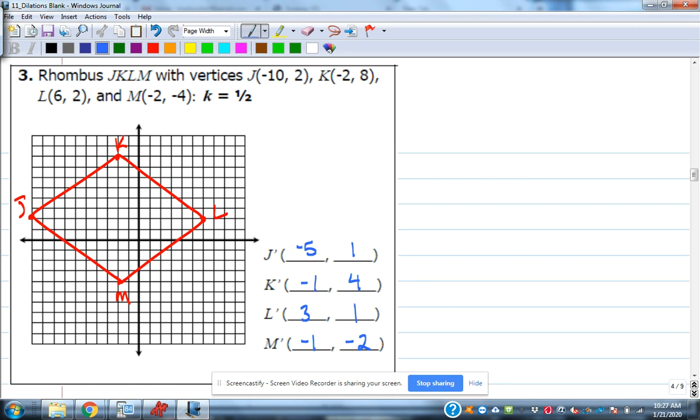Multiplying each coordinate by that scale factor of 1/2. And then just connect the dots, and you got it.